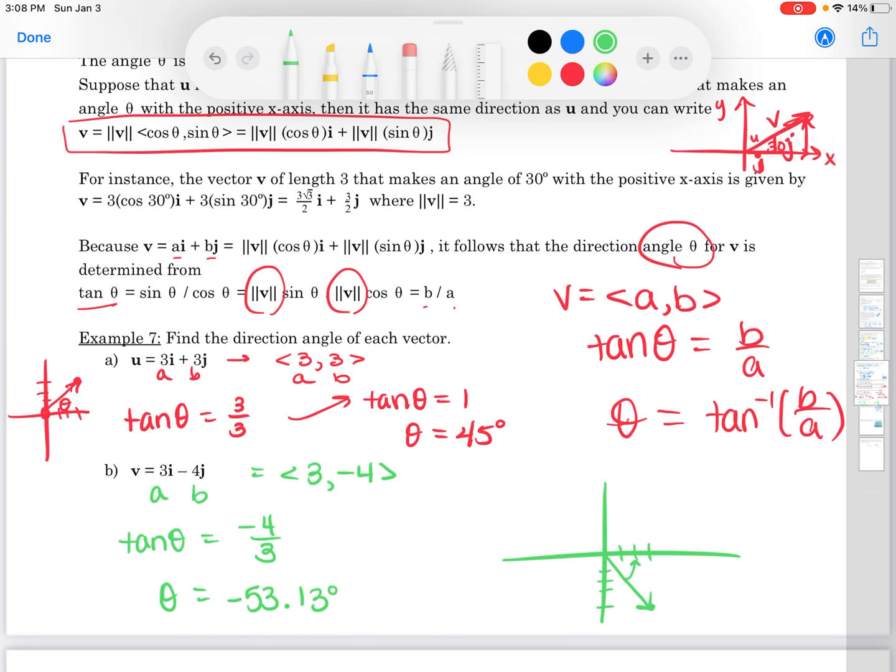So we have our negative 53.13 degrees, or if we wanted to think of this from the other direction, we could get the positive version of the angle as well.